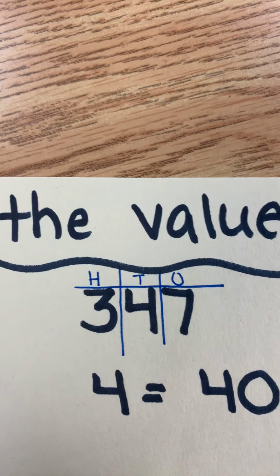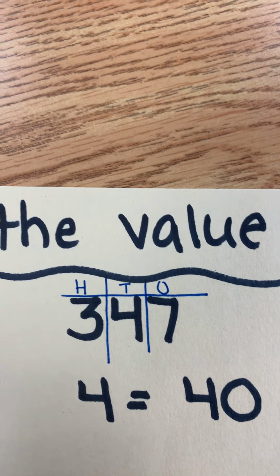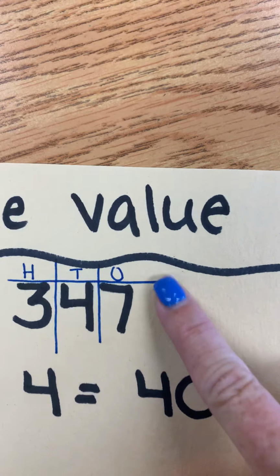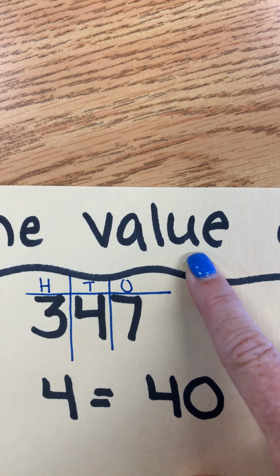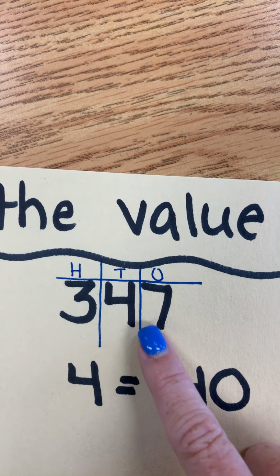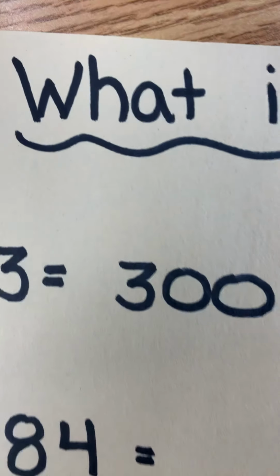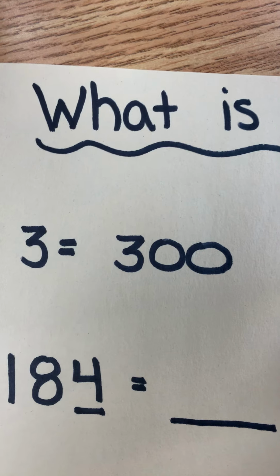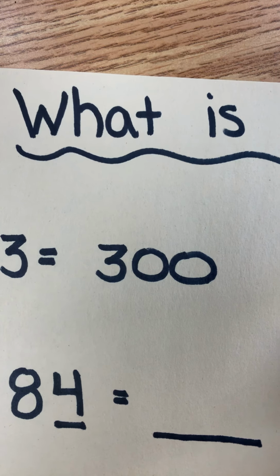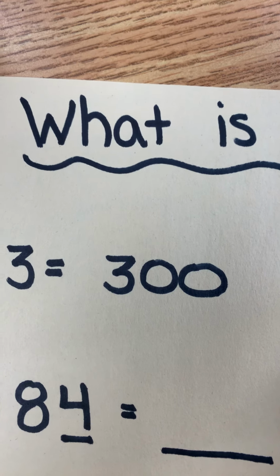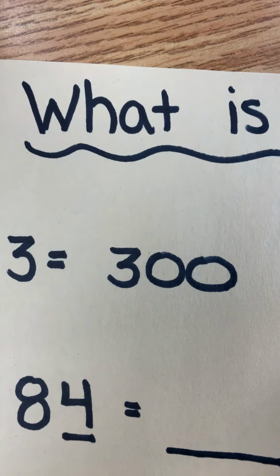So 347, and if I wanted to just look at each number and see how much it's worth, again, this word value, you have to know what place that number is in. So for instance, if I wanted to know the value of 3, since it's in the hundreds place, it is 300. It's not worth 3, it's not worth 30, it's worth 300 because it's in the hundreds place.